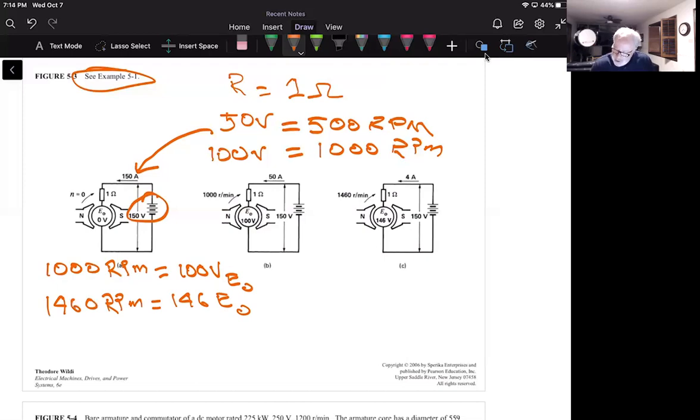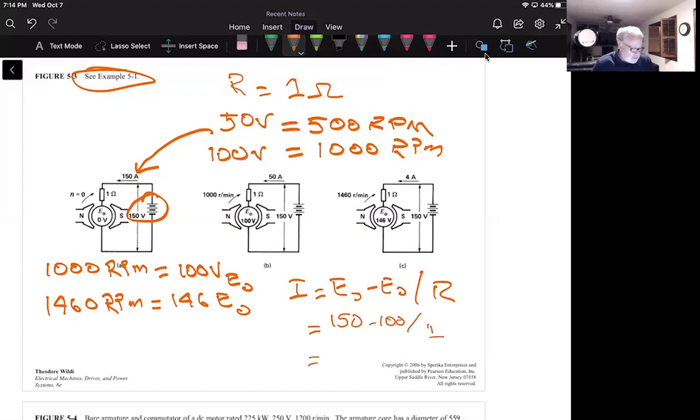So I is equal to E sub S minus E sub O divided by R. E sub S stays at 150. For the first one, E sub O is 100. And of course, R stays at 1.